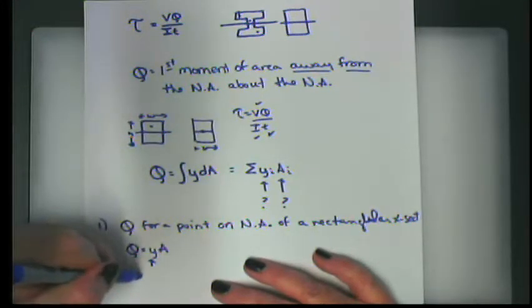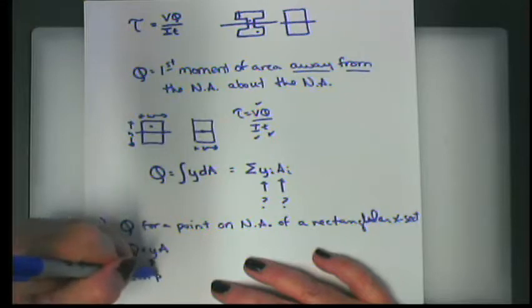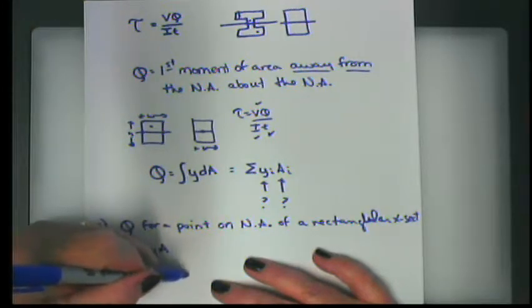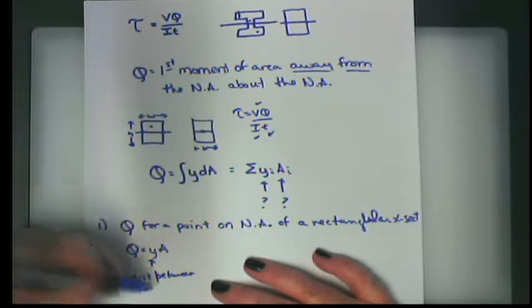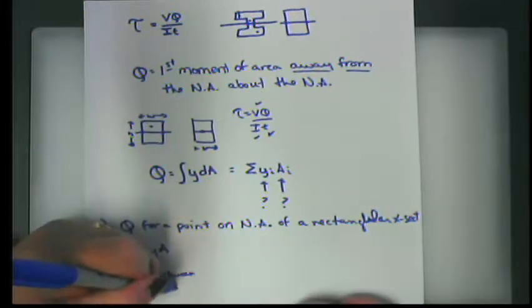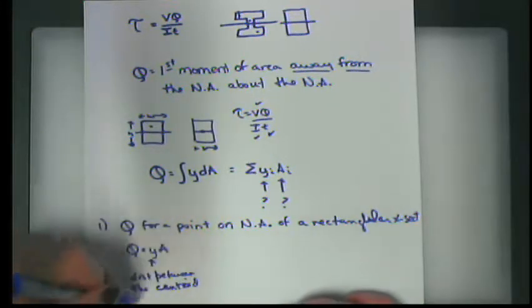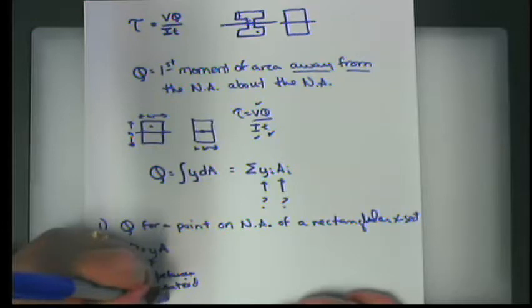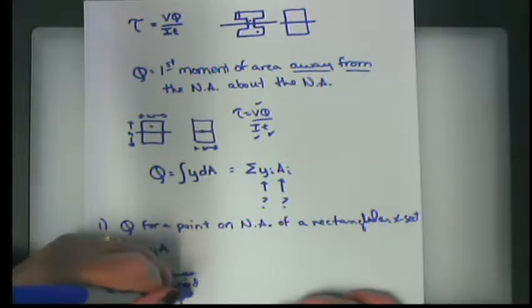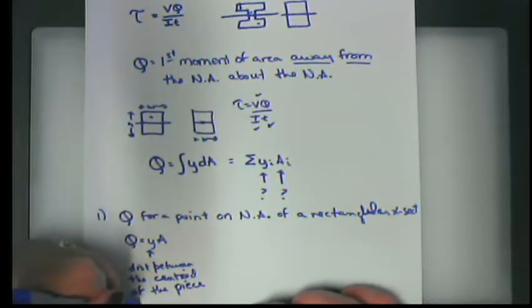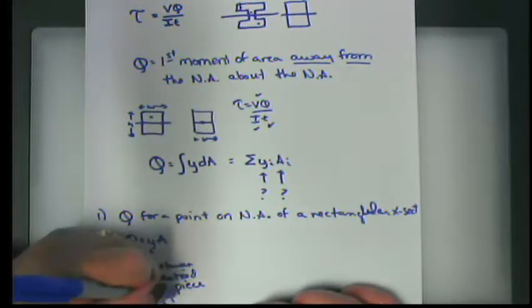Y is the distance between the centroid of the piece and the neutral axis.